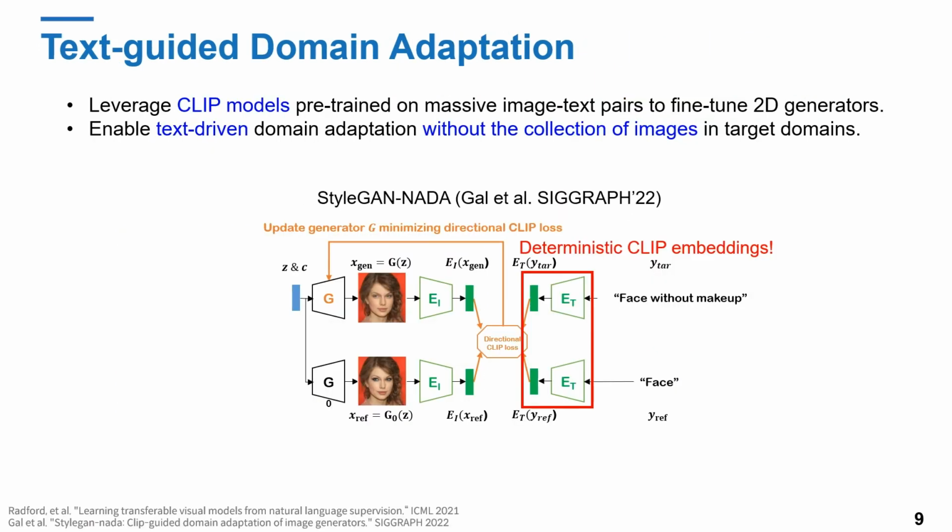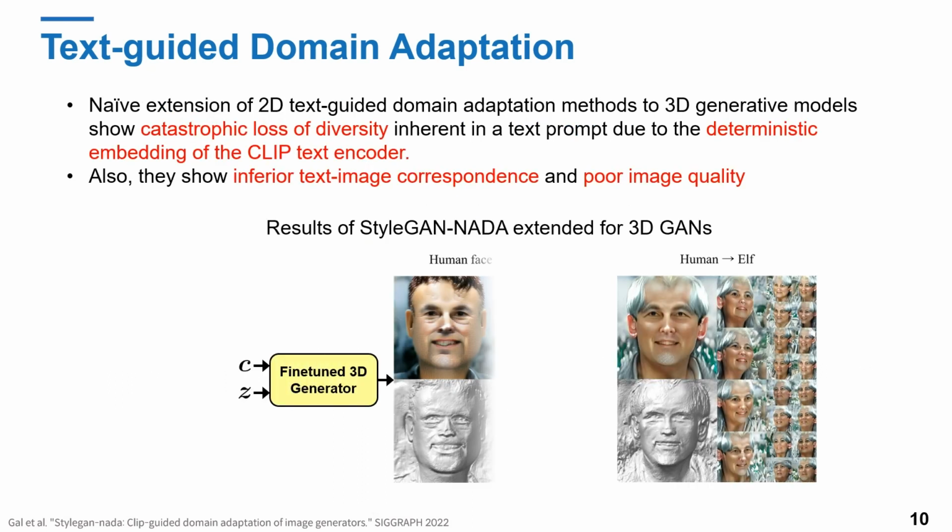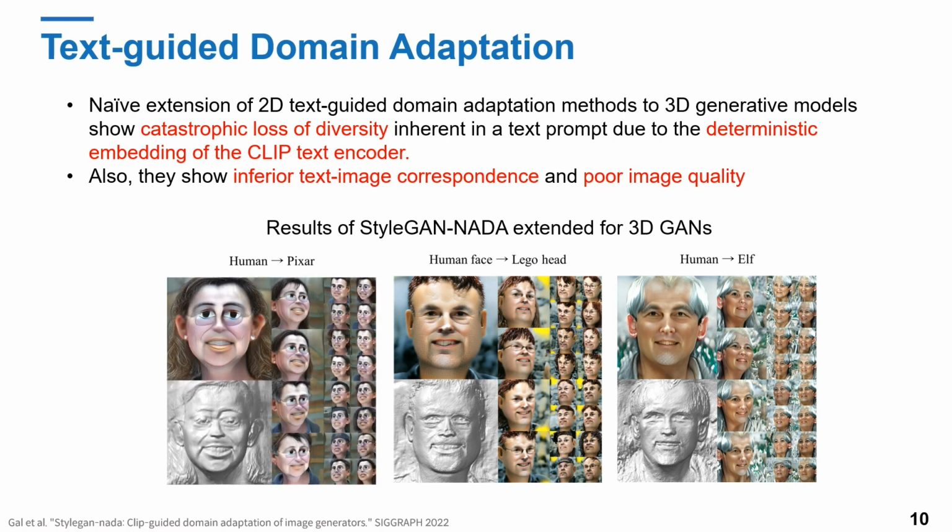One possible solution is to utilize text-guided domain adaptation for 2D generative models, which enables text-driven domain adaptation without collecting images from target domains, by leveraging CLIP encoders trained on large-scale image-text pair datasets. However, naive extension of 2D text-guided domain adaptation methods to 3D generative models shows catastrophic loss of diversity inherent in a text prompt due to the deterministic embedding of the CLIP text encoder.